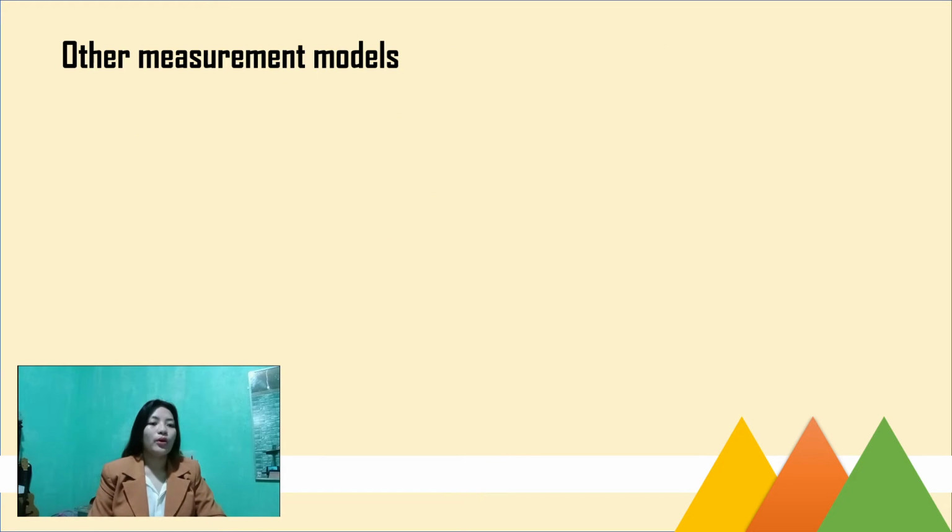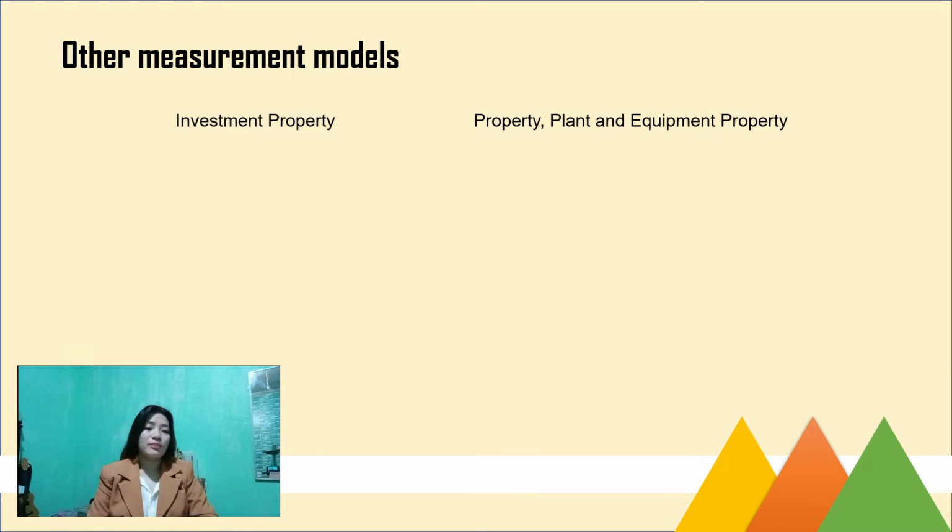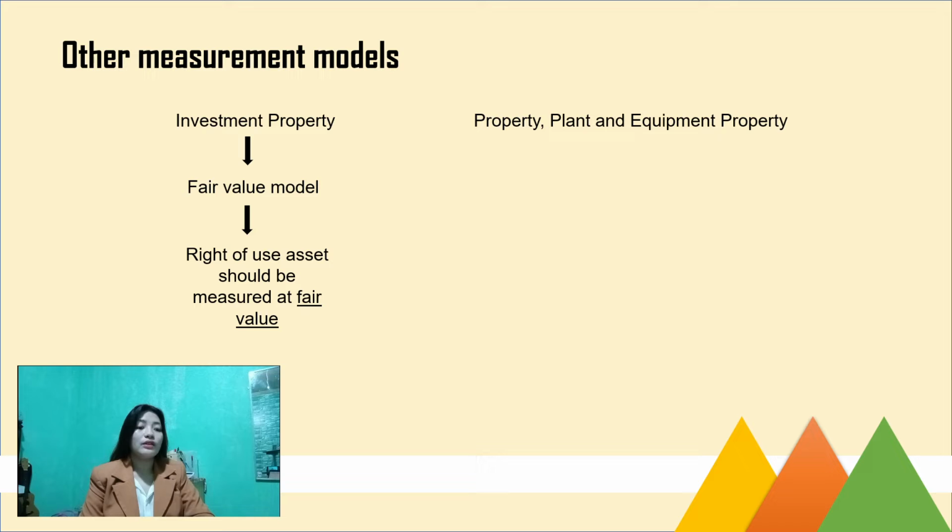Other measurement models. So, ang right of use asset, it can be associated with two. First is either with investment property or with property, plant, and equipment. So, unahin natin yung sa investment property. Sa investment property, meron tayo ditong land and building. So, sinasabi na kapag ginamit mo or in-apply mo yung fair value model, right of use asset should be measured at fair value.